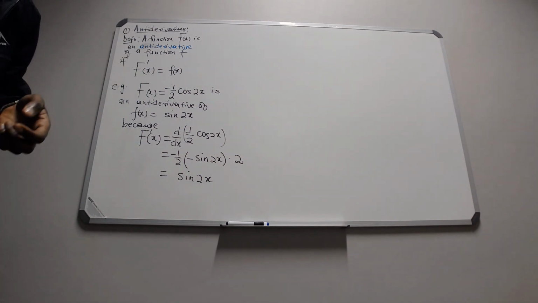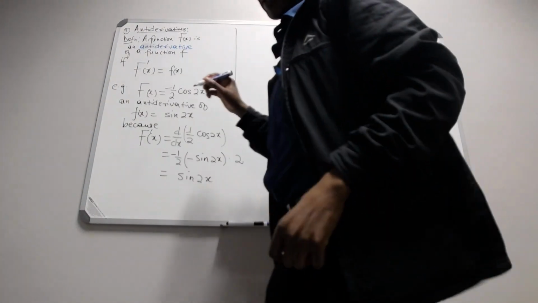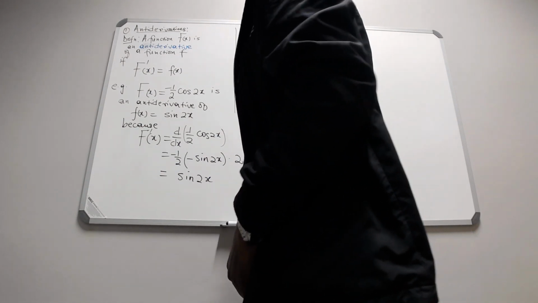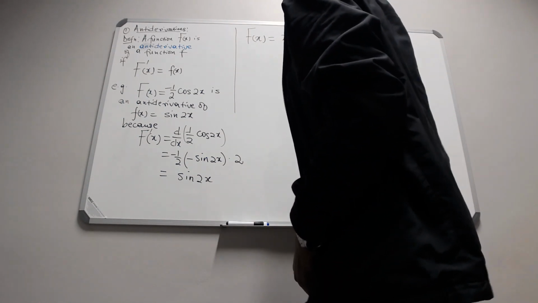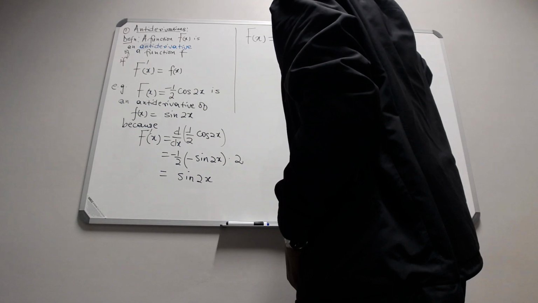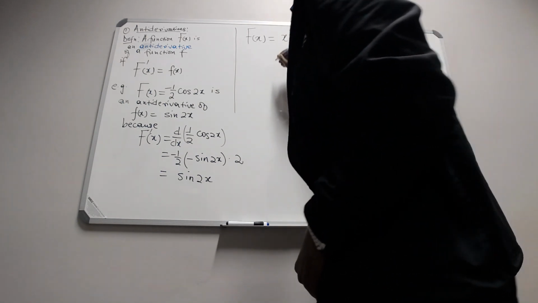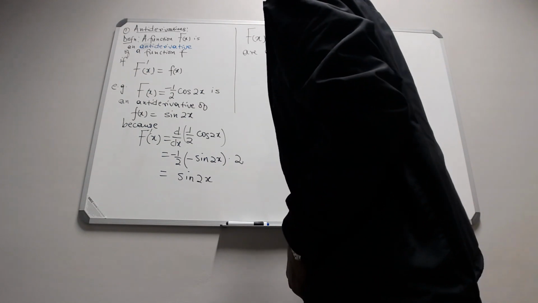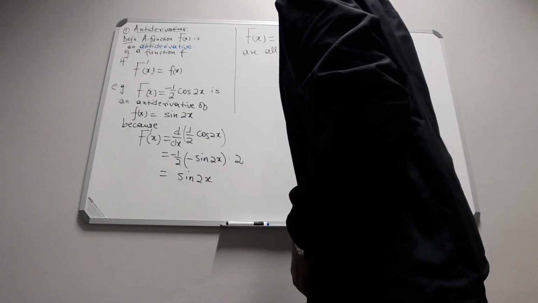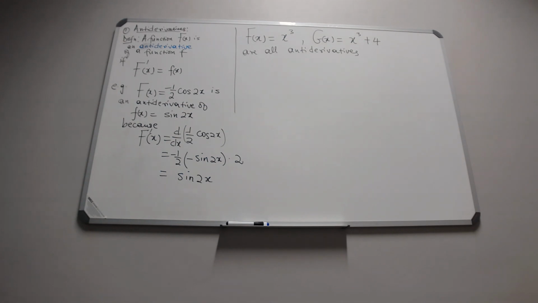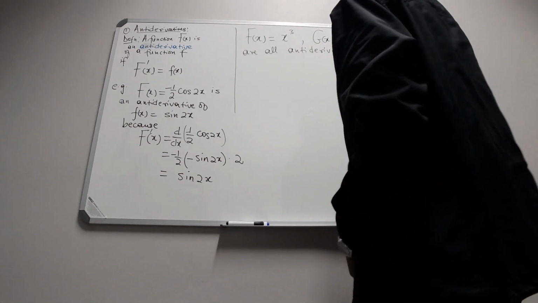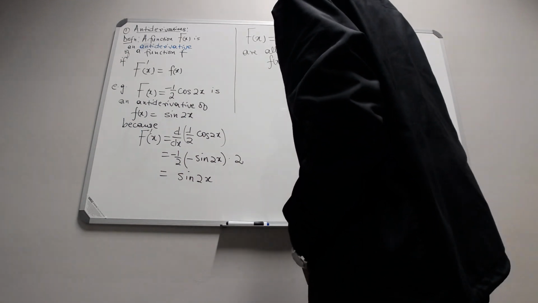Similarly, one can take, for argument's sake, a function like f of x equal to x cubed, and we can also have g of x equal to x cubed plus, say, 4, and then we note that these functions are all antiderivatives of our function small f of x equal to 3x squared.